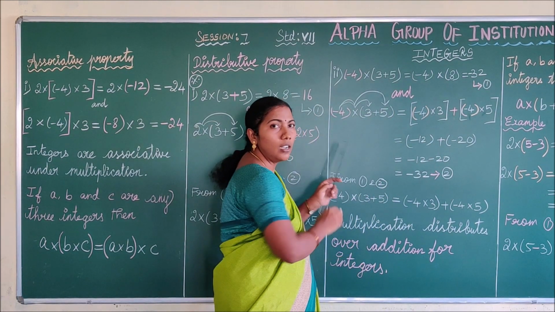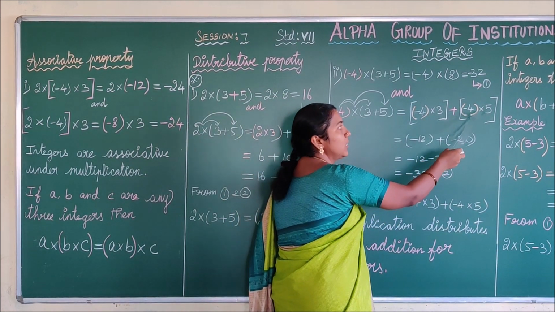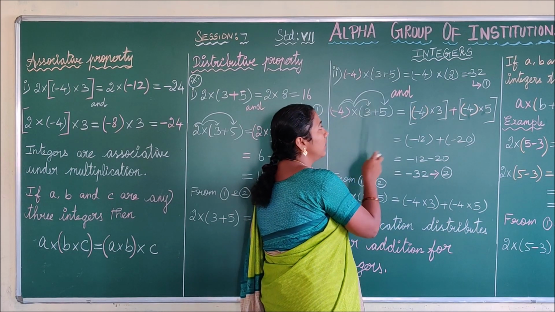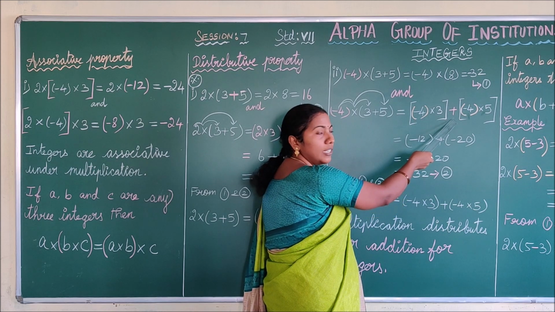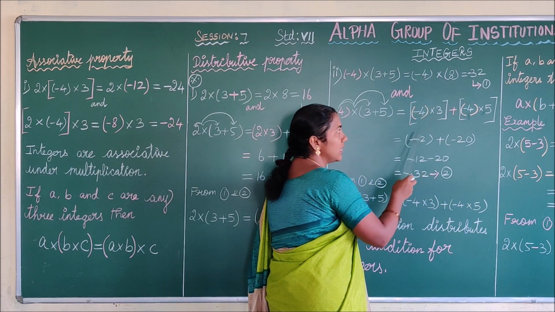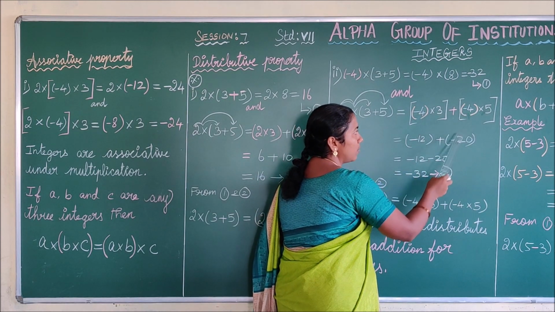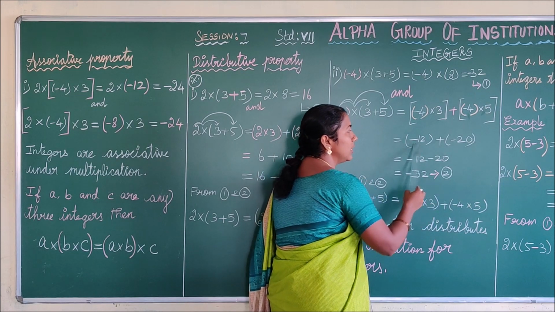It states that minus 4 into 3 plus minus 4 into 5. Here also the multiplication gets into the bracket and plus comes outside the bracket. Now we are going to multiply: minus into plus is minus, 4 3s are 12. Minus into plus is minus, 4 5s are 20. Now we are going to remove this bracket.